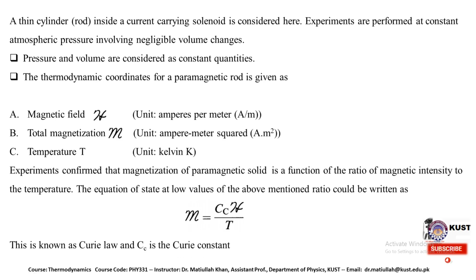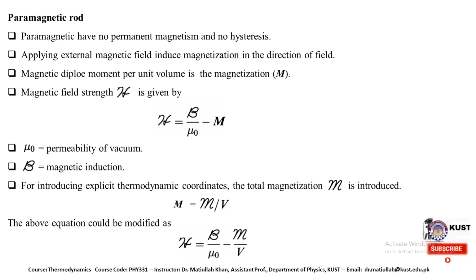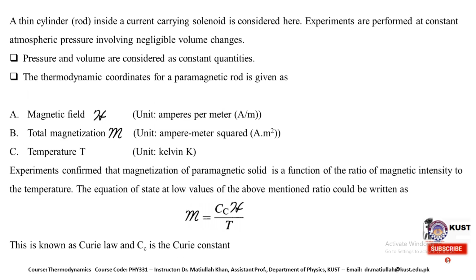The next part is that we need to develop the equation of state for this particular paramagnetic rod, and the thermodynamic coordinates for it. Consider a thin cylinder or rod placed inside a current carrying solenoid. The solenoid is used to create the external magnetic field that induces a dipole moment inside this paramagnetic material.